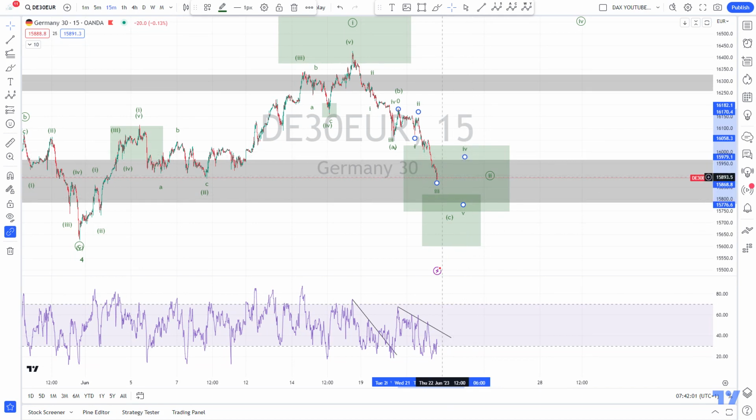But again, this can be risky because it could be that it is like this, a 3, a 4, so that the 5 is in. But that's also a possibility for today. Okay, let's see what the market gives us.